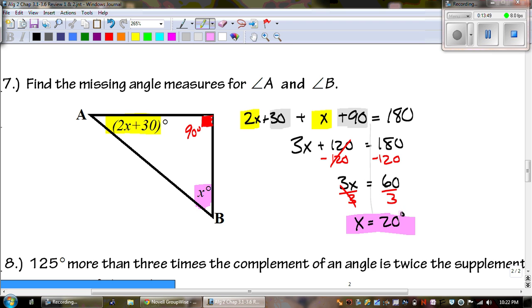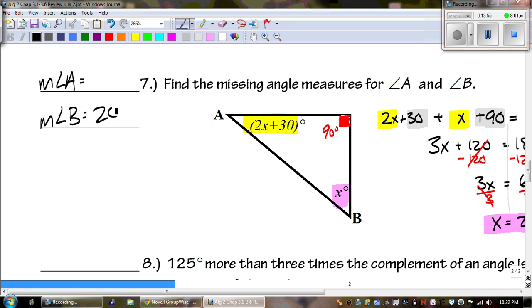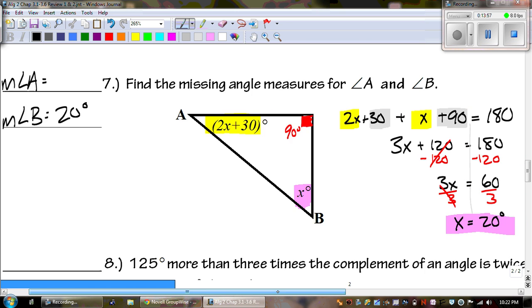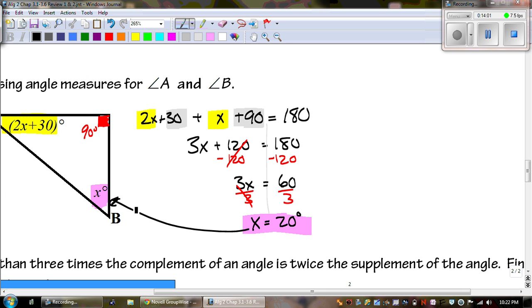Now, the nice thing, hey, guess what? That's B. I know right away that the measure of angle B is 20 degrees. I only know that because it says it right there, B is 20.